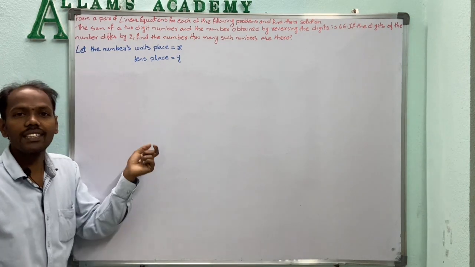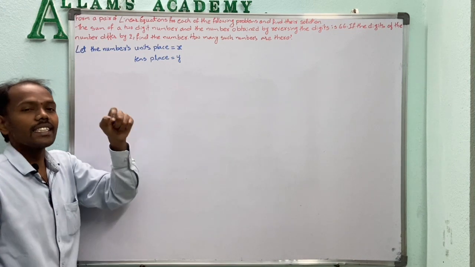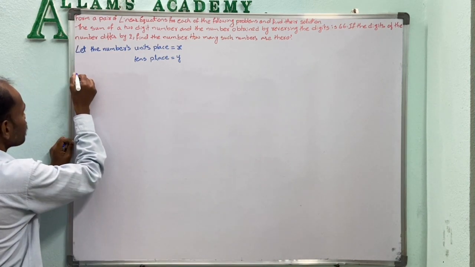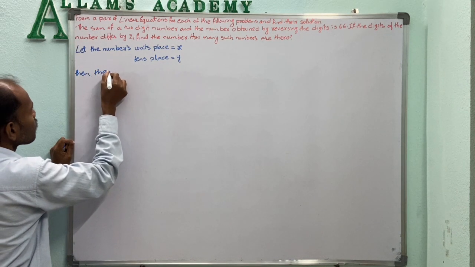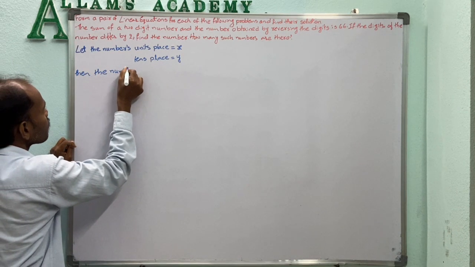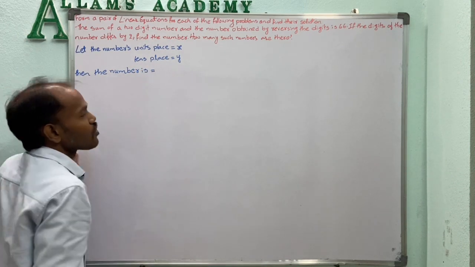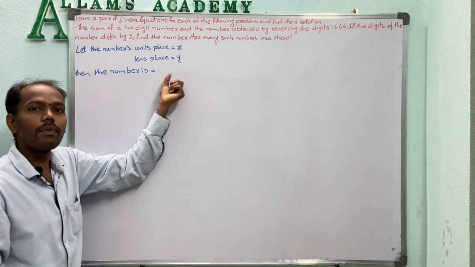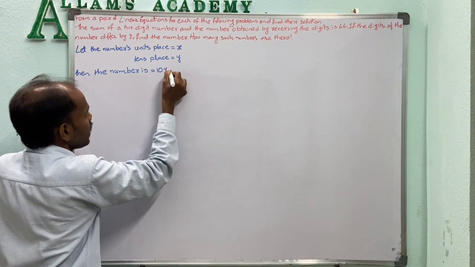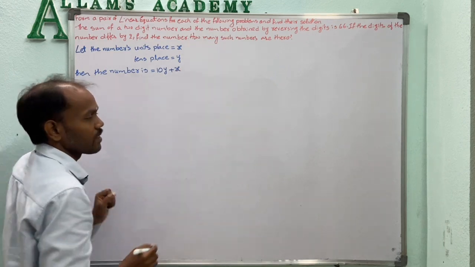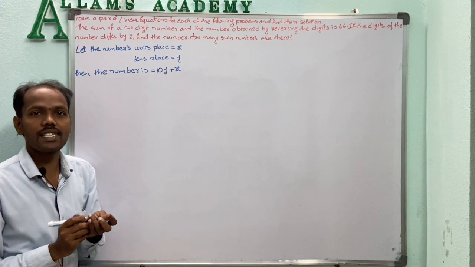If we take the number's units place as x and tens place as y, then the number is: the tens place digit is multiplied by 10. So 10 into y, 10y plus x. So the number is 10y plus x.